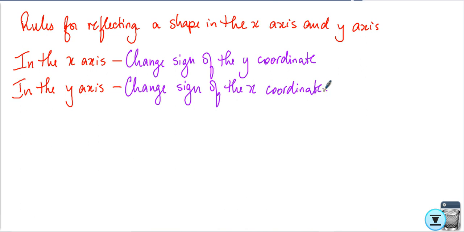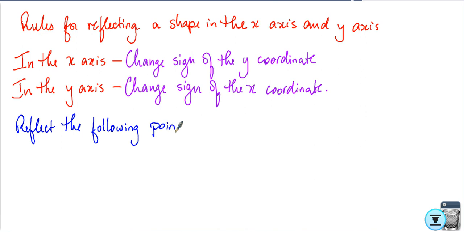This means that we can do reflections without the use of square paper. So, for example, if I tell you reflect the following points with number 1, the x-axis, and number 2 with the y-axis.